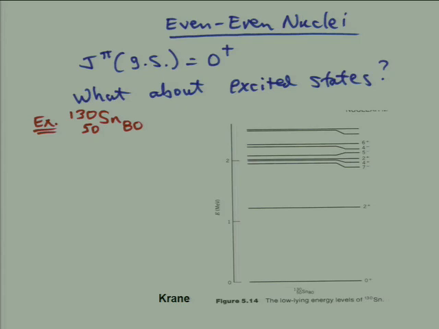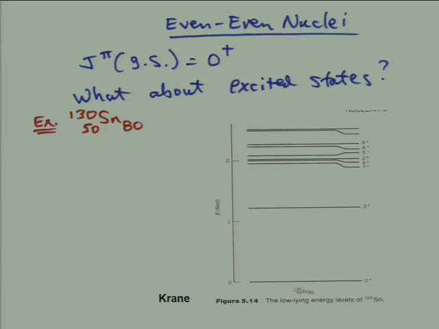Remember, 50 is one of our magic numbers, so it's got a magic number of protons in it. What that means is that the protons close whatever shell model orbitals are available to them, and that's a very stable configuration which takes a lot of energy to alter. And so if I'm thinking about how would I make excited states of this nucleus, chances are it would cost me a lot of energy to disrupt any one of those protons out of those closed shell model orbitals.